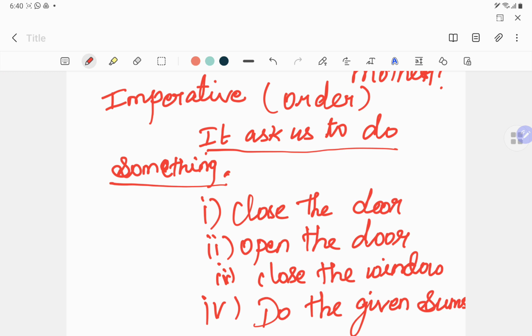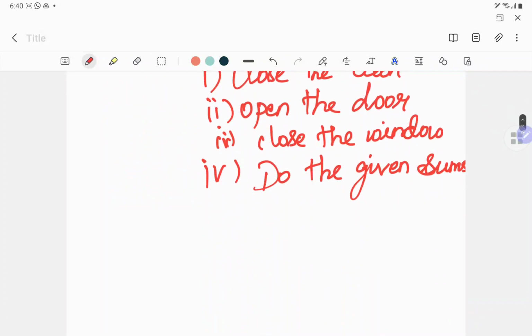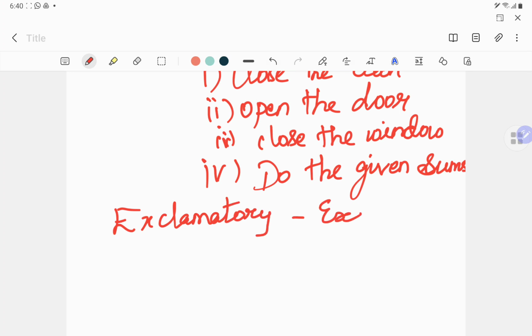And then the next one is exclamatory sentence. So what does that mean? Exclamatory sentence means exclaim the sentence. In Tamil you can call it unarchi vakyam. It means the sentence expresses the emotion of your feelings.